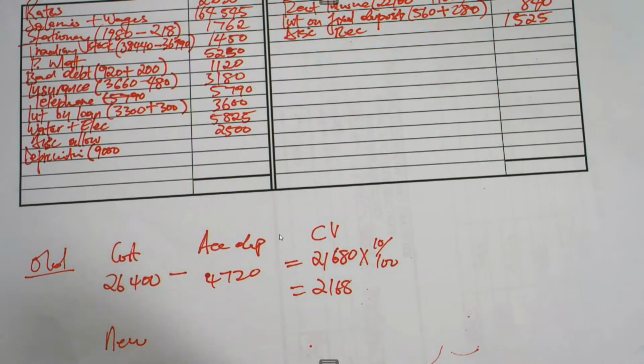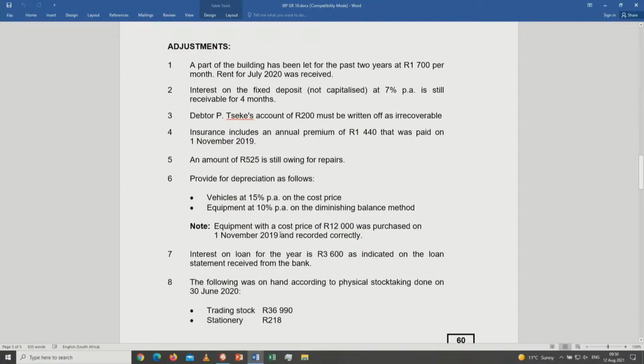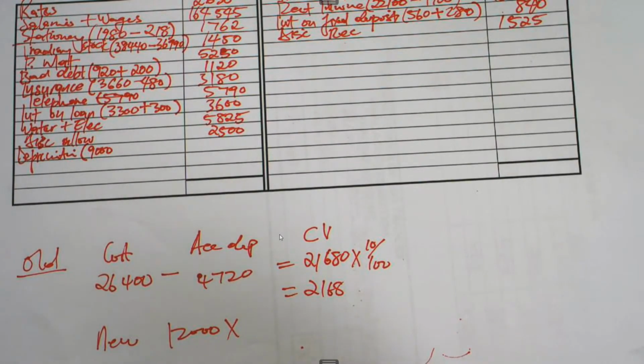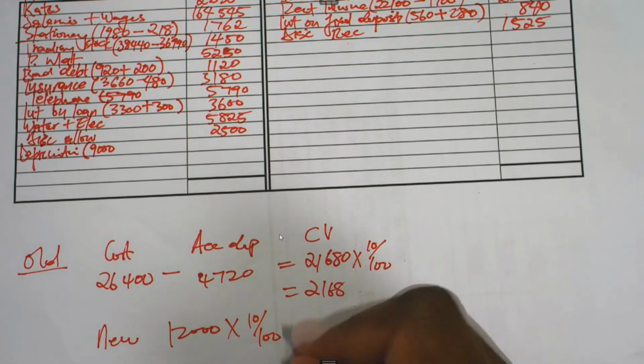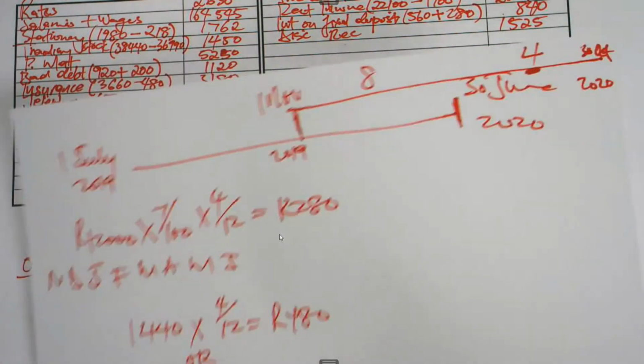So this new equipment, when did we buy it and for how much? For 12,000, on 1 November. So now it will be 12,000 times 10 divided by 100. But we had this equipment from 1 November.